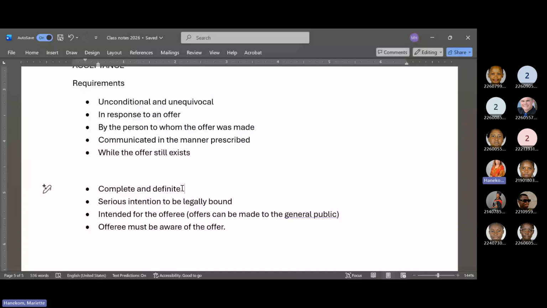It must be by the person to whom the offer was made, in the manner prescribed. Do you see the correspondence, the elements that are repeated? These are separate lists that I'm expecting you to memorize. There are patterns in law.